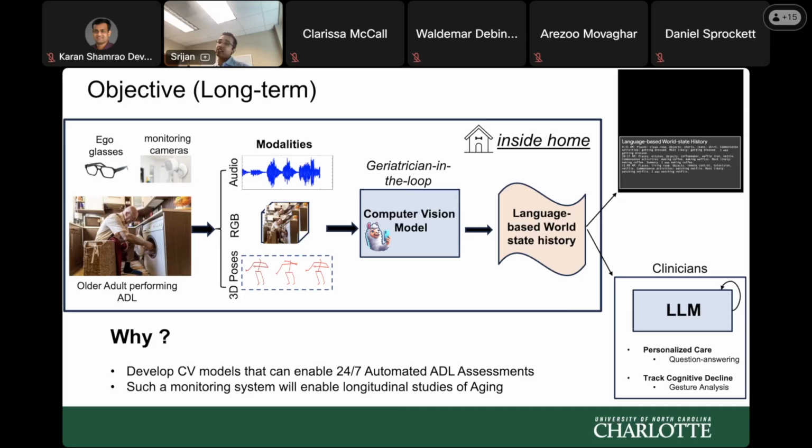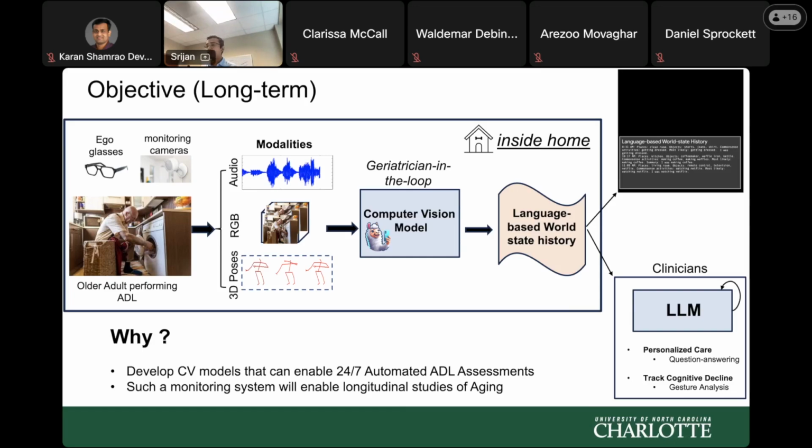And once we have this data, we can even exploit it for automated ADL assessments. So this is our long-term goal.